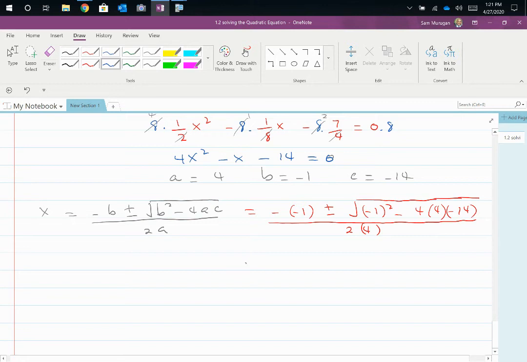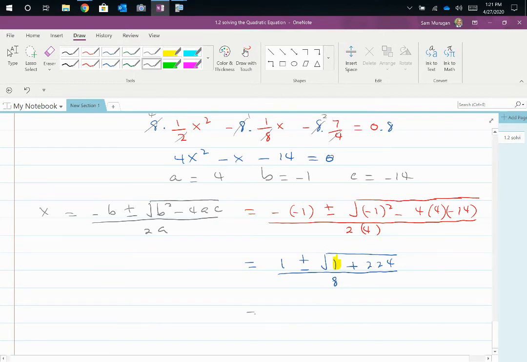So negative times negative is positive 1 plus or minus the square root of 1 minus 4 times 4 times 14, which is 224 positive, over 8. Notice that when we squared negative 1, we got positive 1 here. Be careful with that, okay?